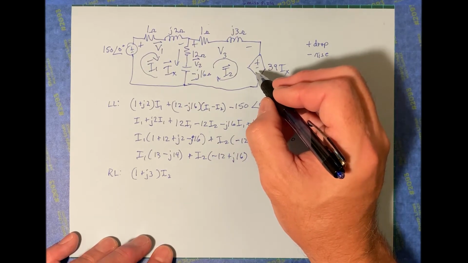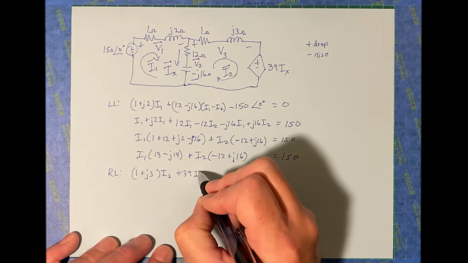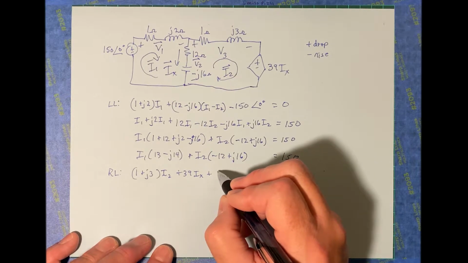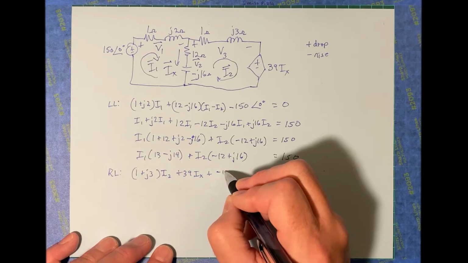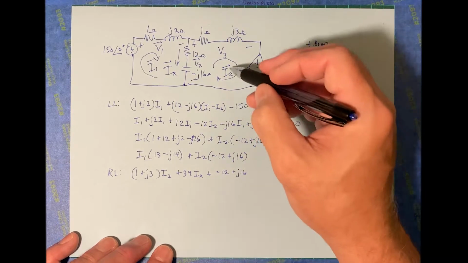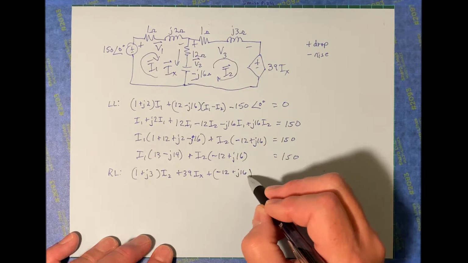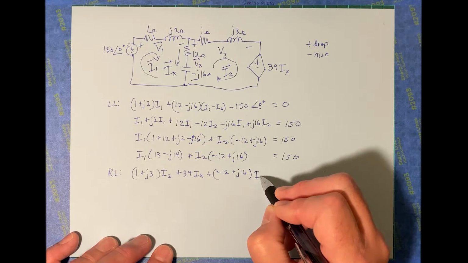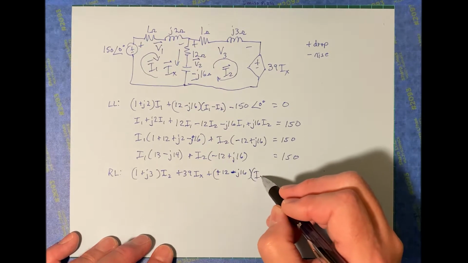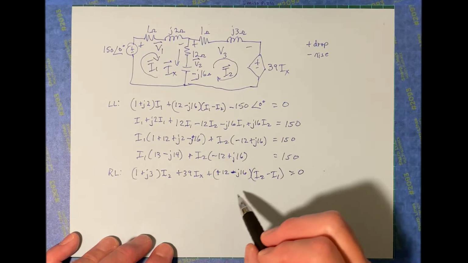And now I'm going to be going through this, so I'm going to have a plus 39I sub x plus, I'm going to have minus 12 plus J16 because I'm going in this direction times, I'm sorry, that's plus and that's minus, times I2 minus I1. Okay, and that's equal to 0. Yeah, I think I straightened it out there.